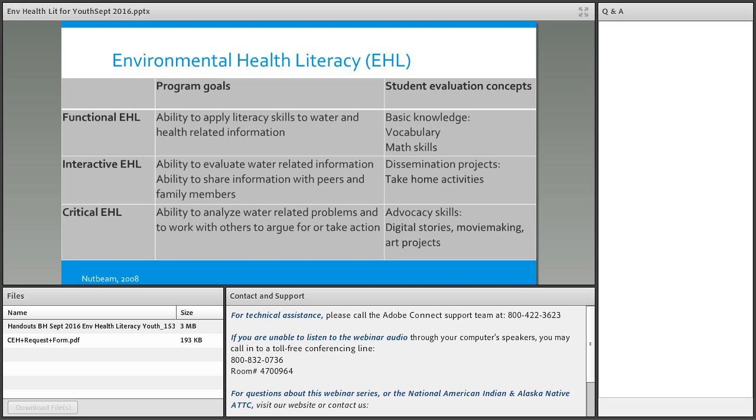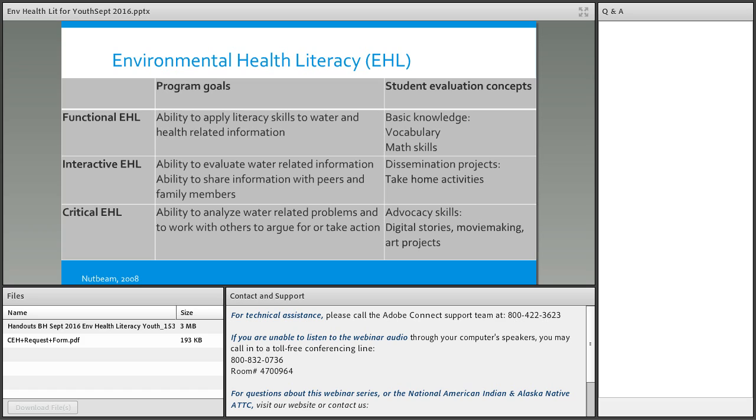Health literacy is about that interaction between the skills and abilities of individuals and the population and how it matches up with the information that health providers and health educators are providing. So making sure that matches. But it's beyond just reading and writing ability. So we liked Nutbeam's conceptualization of health literacy and we applied it to environmental health.